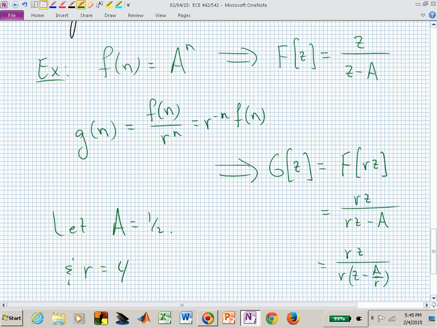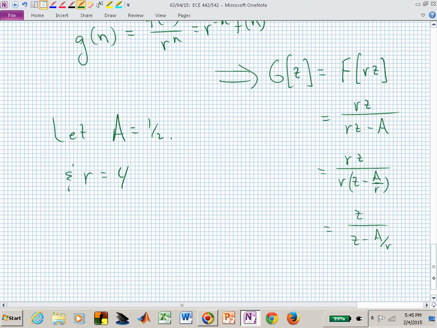And that's actually what's happening over here with capital G of z. You know what f of z is. That's z over z minus 1/2. Now, g of z would be z over z minus 1/8, which is obviously collapsing much faster, and that's what this property would tell you is going to be true. You might just look at that on your own if you don't see it right now.